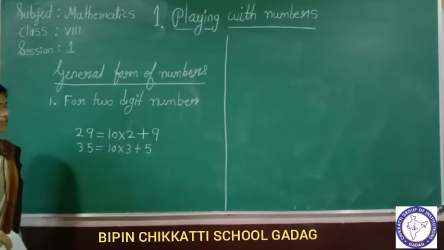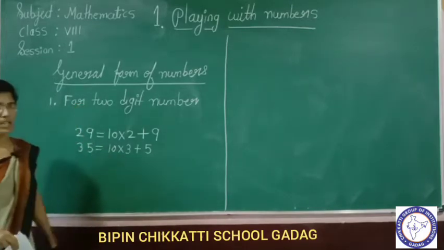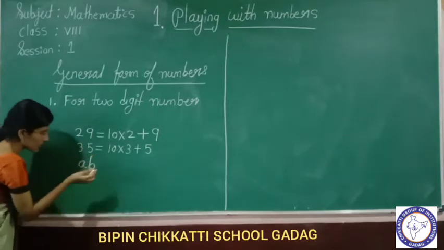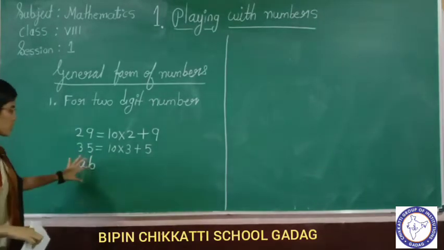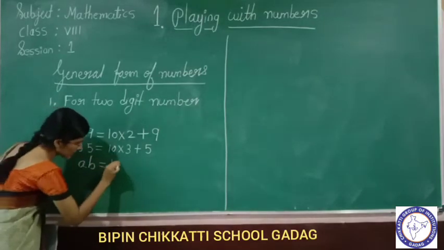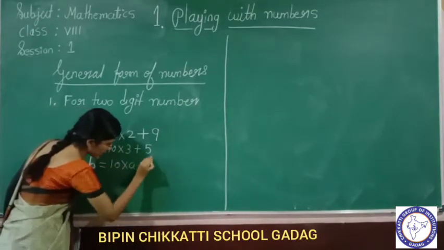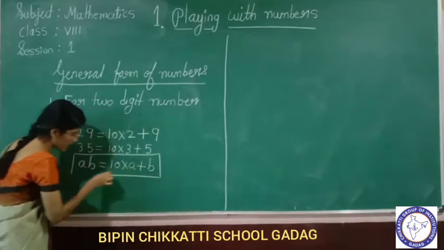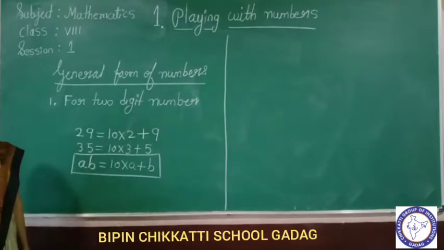In general, what we can tell, any two digit number can be written as, in general, you take AB is a two digit number. This can be written as 10 into A plus B. In general, any two digit number can be written like this.